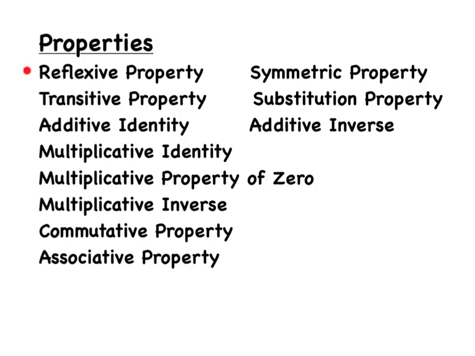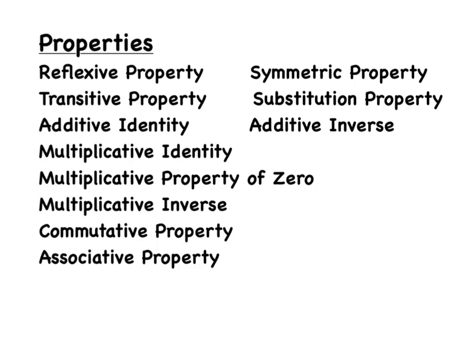We have the reflexive property, the transitive property, symmetric property, substitution property, additive identity, additive inverse, multiplicative identity, multiplicative property of 0, multiplicative inverse, the commutative property, and the associative property. There are a couple of properties that can be grouped together.